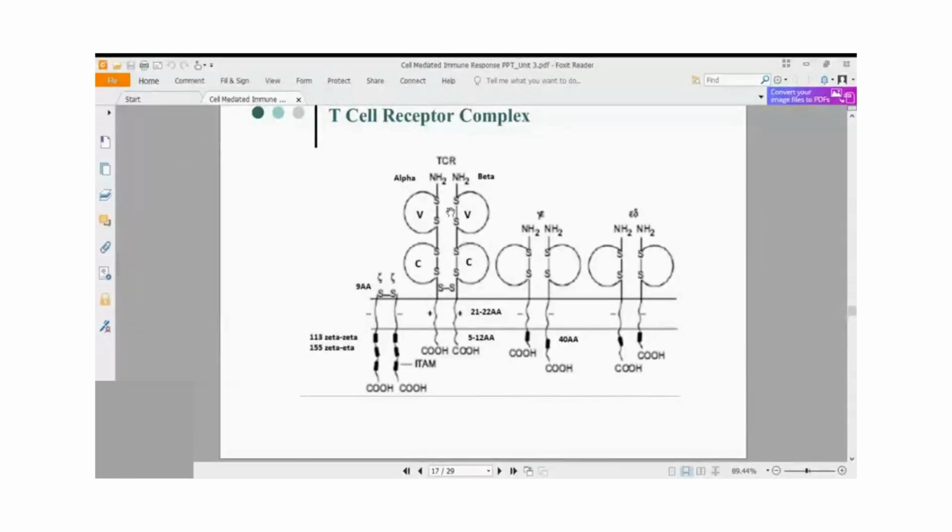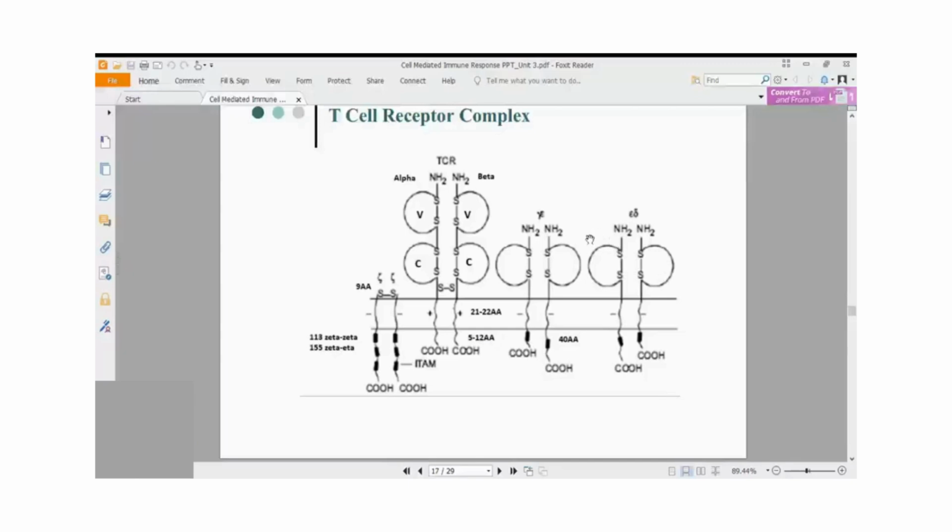And if the T cell receptor that was first formed establishes the contact with class 1 MHC, then that positive selection will result in the formation of CD8 T cell. And that stimulus of formation of CD4 and CD8 T cells is also going to be assisted by these other two co-receptors, which are called the CD3 complex.